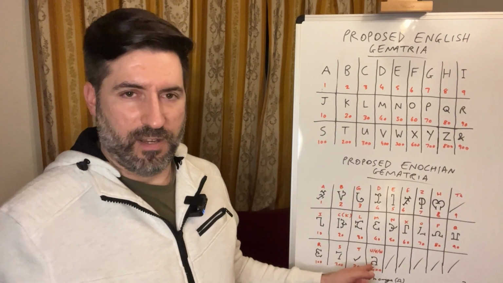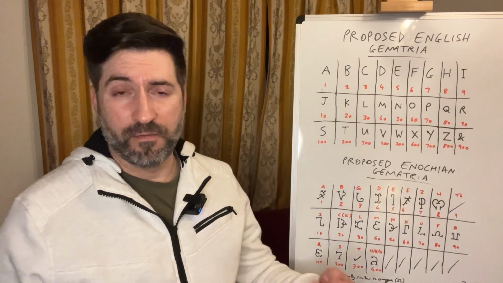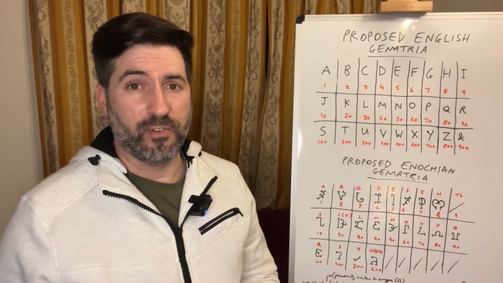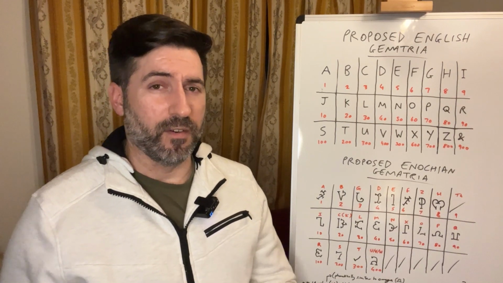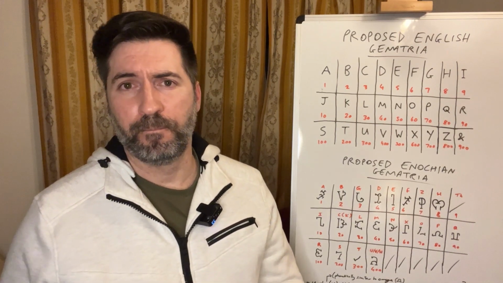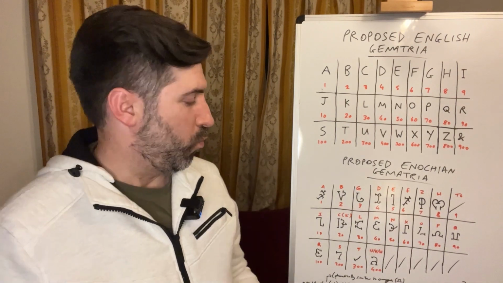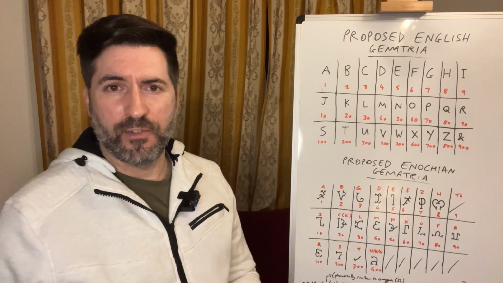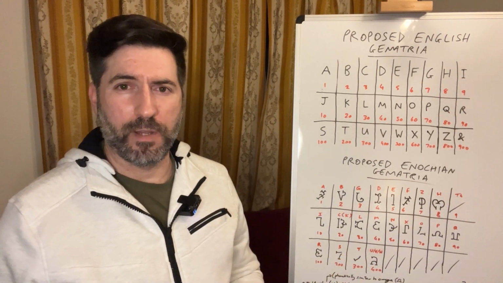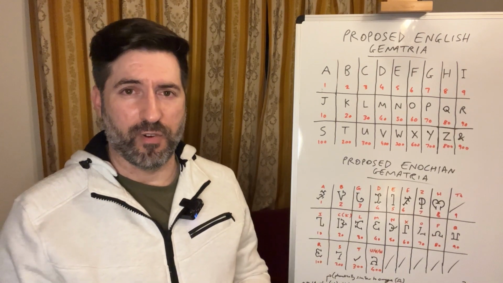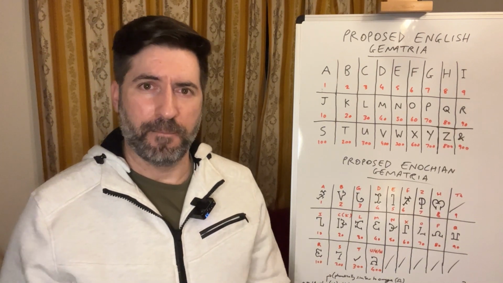Although this is the same as upsilon for numeric purposes, in the Greek alphabet we also get a U sound from the letter omega. And so when this appears, as it does in this alphabet, what we're getting is a preservation of the mystery of the alpha and the omega.